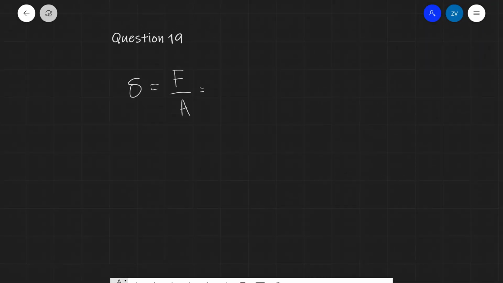Question 19, all about stress. So remember, stress is equal to the force applied divided by the cross-sectional area. Now in this case, we're applying 50 newtons over a cross-sectional area of 1 square millimeter. Now 1 millimeter squared, so let me just write that down in full, so this will be equal to 50.